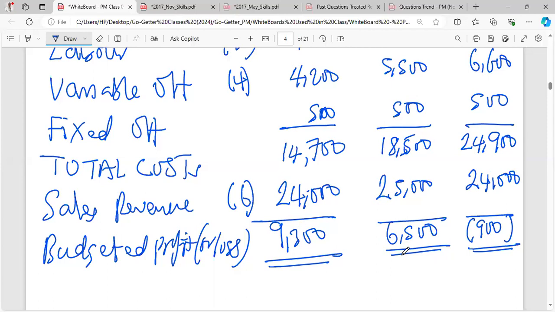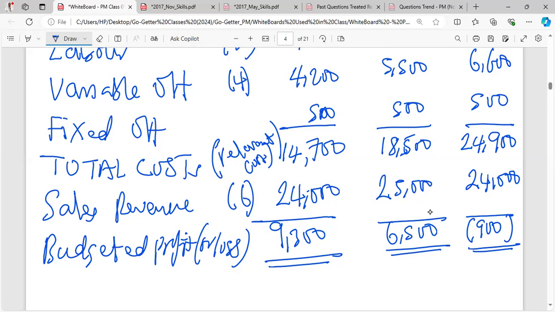Based on profits, that is even the contribution, because this total cost is total relevant costs. So I'm going to put it here, total relevant costs. This sales revenue, this budgeted profit, is budgeted contribution.